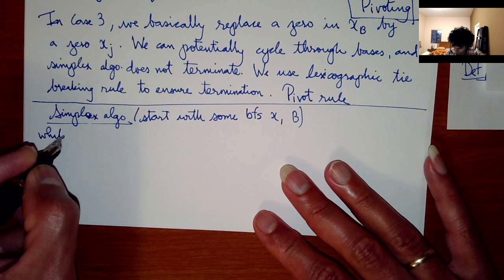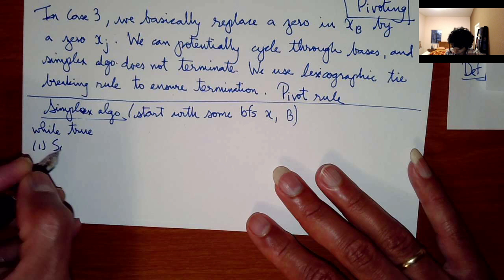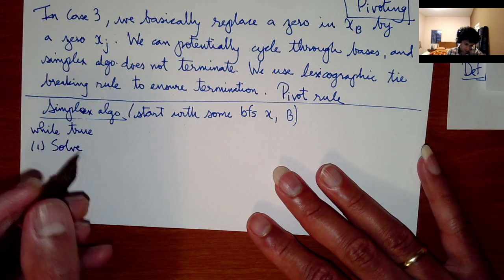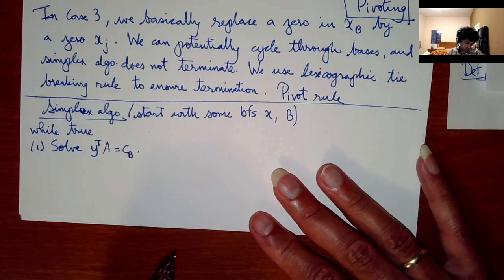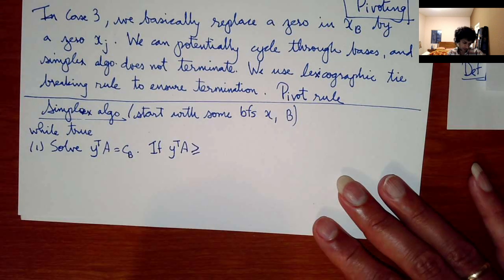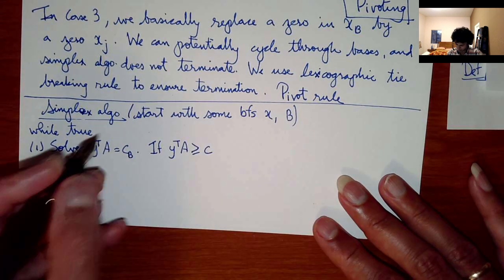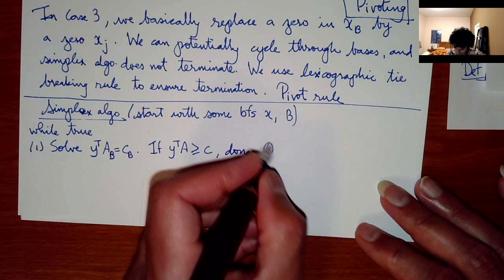So the procedure basically just says while true, solve y transpose A equals cB. If y transpose A, if the entire thing is now AB equals cB, then we're done. You have the optimal solution.